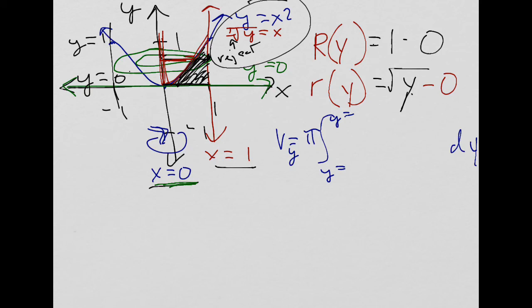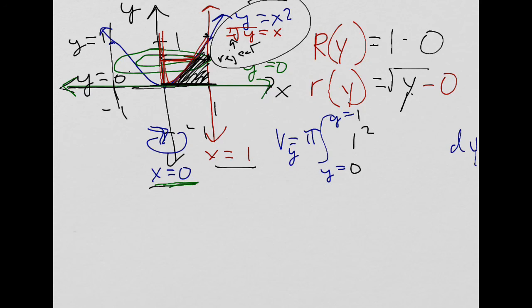So starting down here on the x-axis, it ended up here where our curve met our line x equals 1. And that's where y is equal to 1. So remember, they're not the x values.